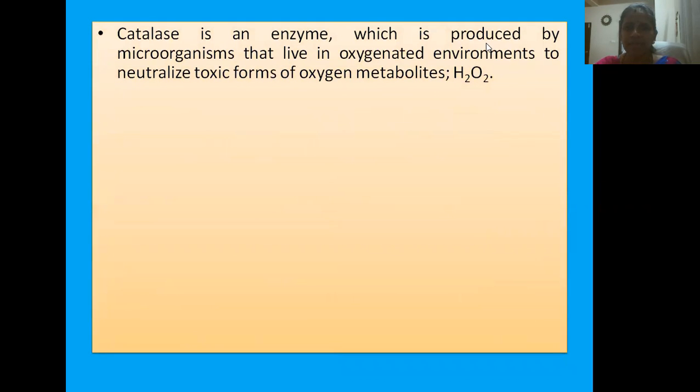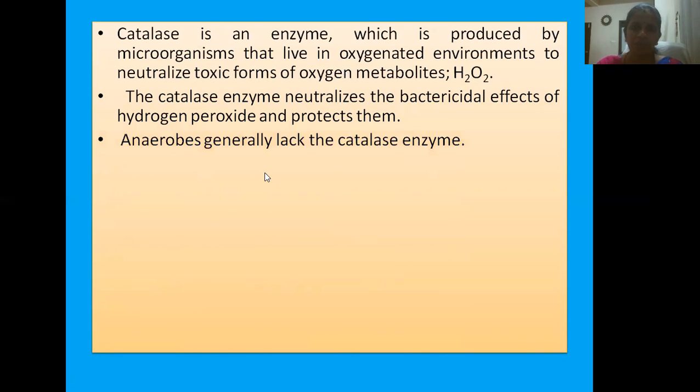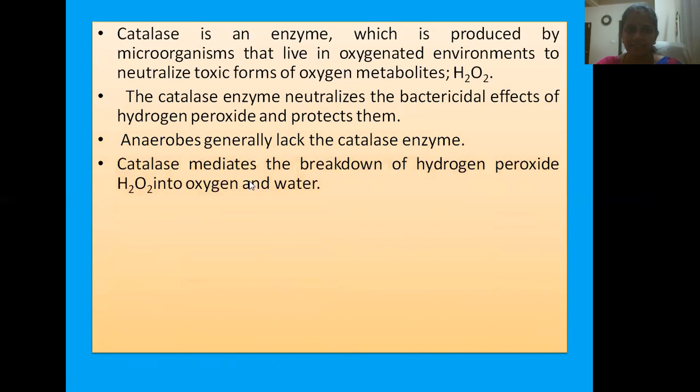Catalase is an enzyme produced by microorganisms that live in oxygenated environments to neutralize toxic forms of oxygen metabolites like hydrogen peroxide. The catalase enzyme neutralizes the bactericidal effects of hydrogen peroxide and protects them. Anaerobes generally lack the catalase enzyme.